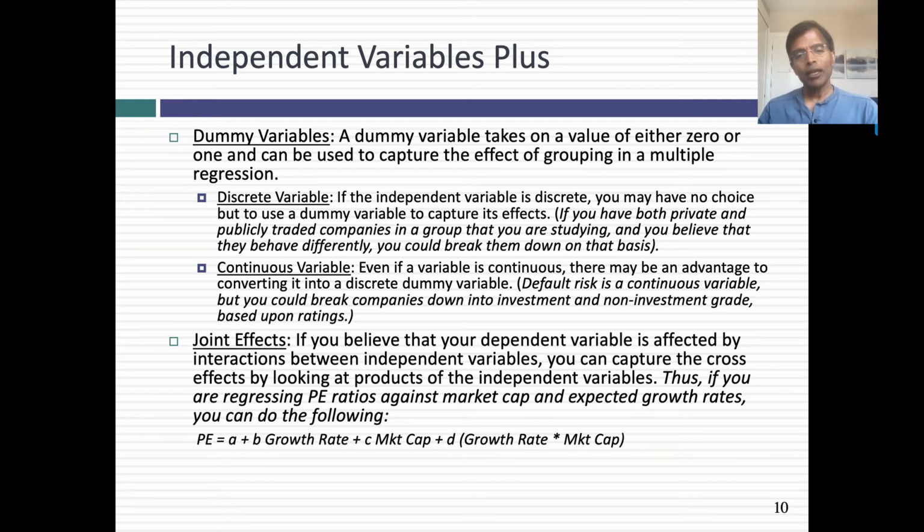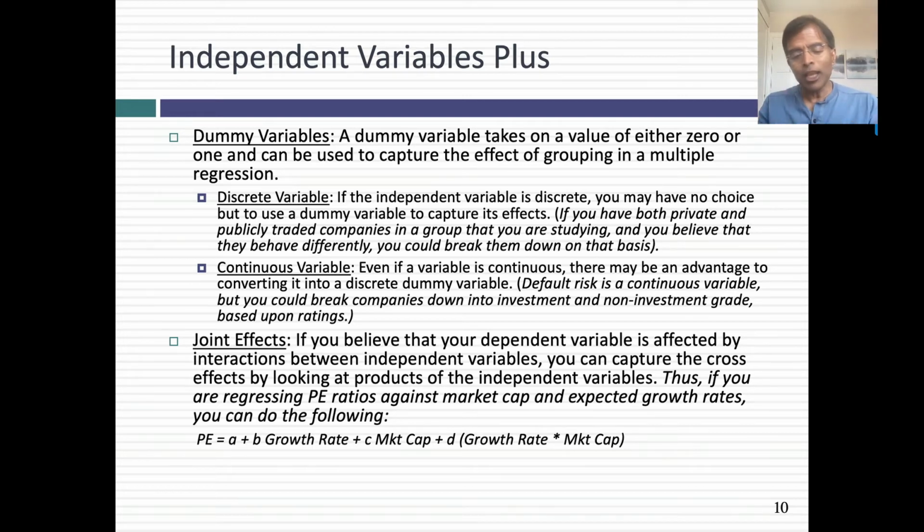In some cases, you might take a variable that's continuous and replace it with a dummy variable. For instance, your cost of debt as a company might be a function of what your default risk is, which is a pretty straightforward thing. And default risk is continuous, right? You can have very little, you can have a little bit more. It's not a discrete variable. But let's say that you find it too messy to bring in default risk as a continuous variable.